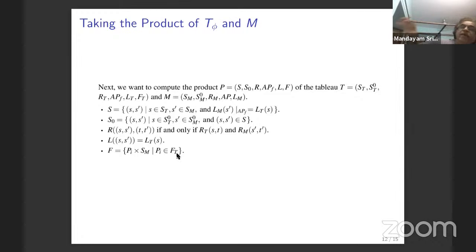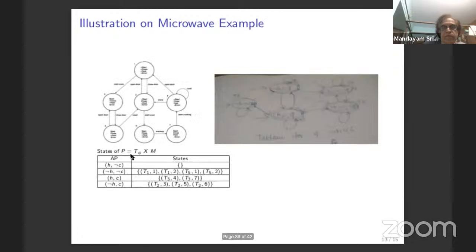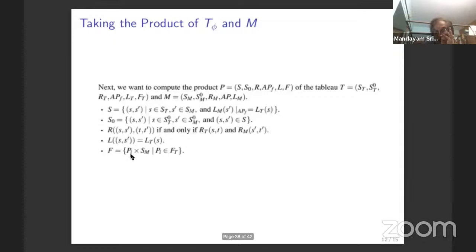So you only have to restrict yourself to those paths in the product machine that are fair in the tableau. That's why you use the same condition as on the first component of the state. Okay, so that is the formal definition.